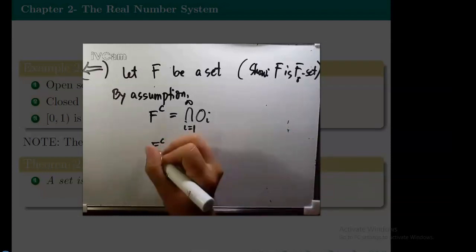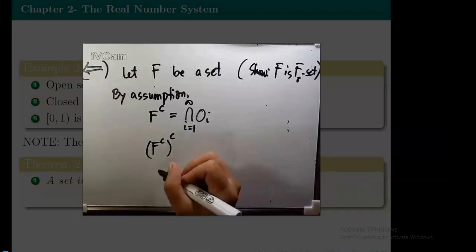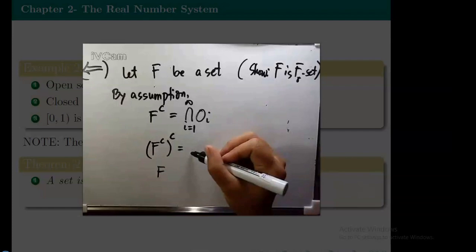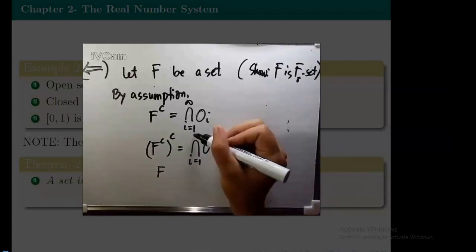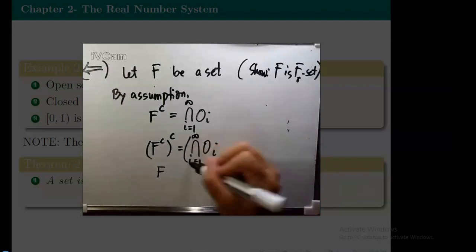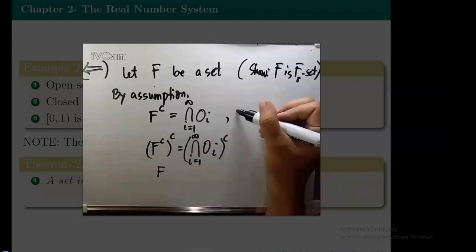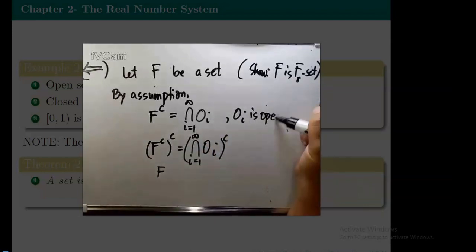So F, because the complement of the complement of F is equal to F, is equal to the complement of this intersection. Now take note, O sub I here is open, right? With the definition of G delta set, for all I.